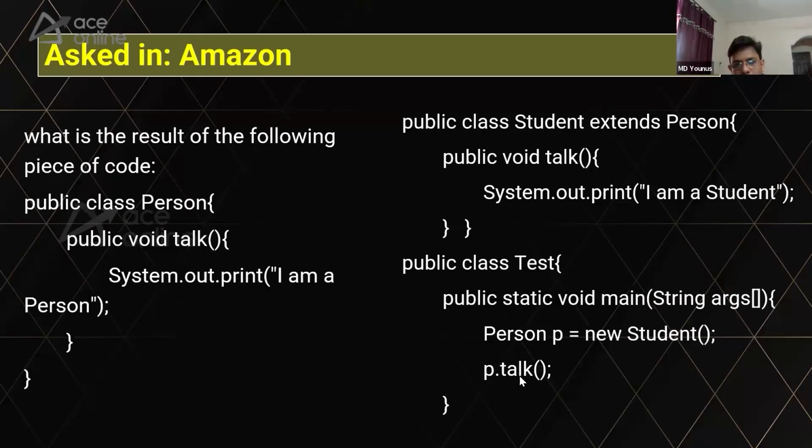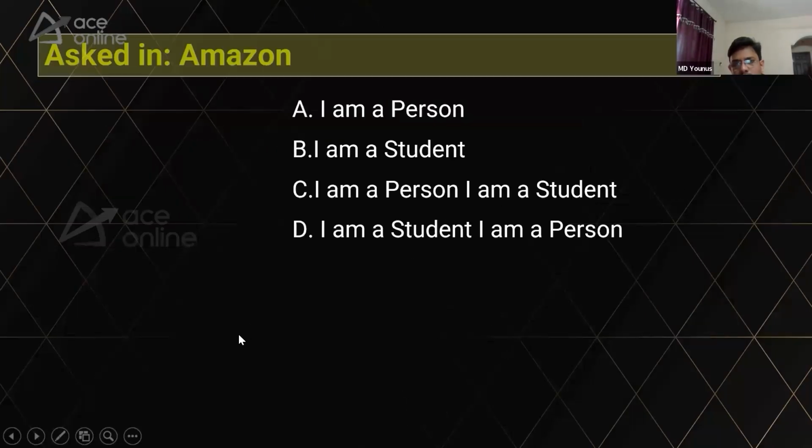You all agree with this? Yes, Monica says yes. Come on, others, please respond. You all clear that it will print I am student, not I am person? Okay, very nice.